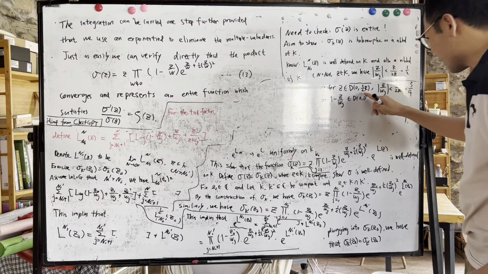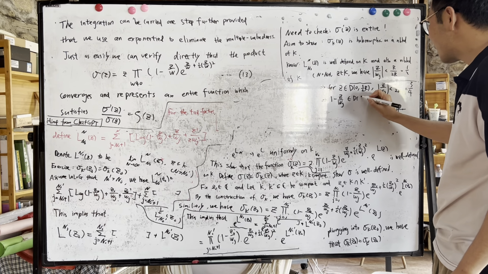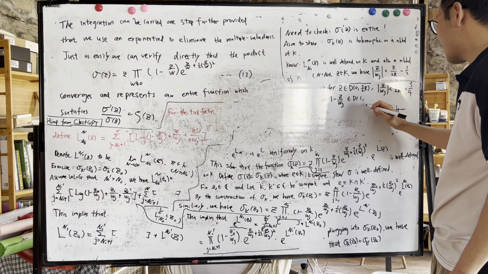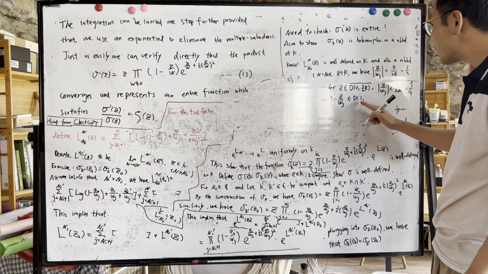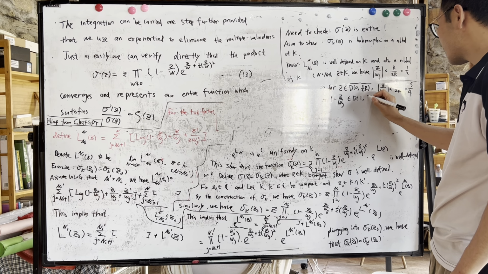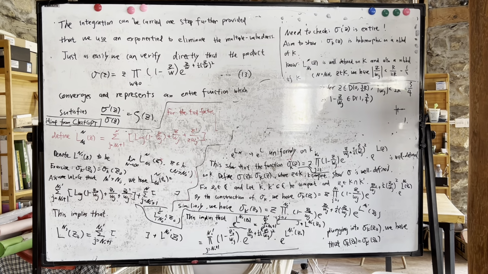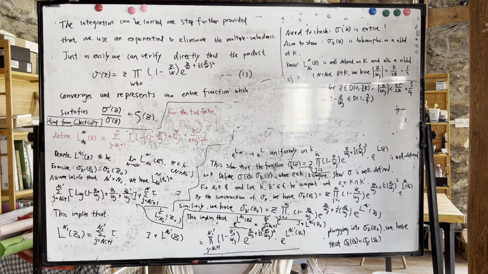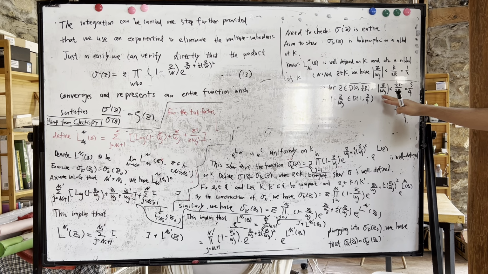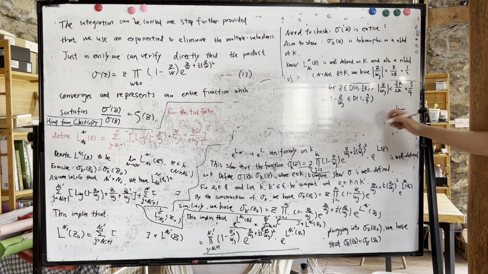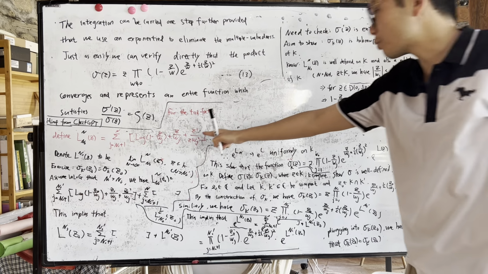We do have the strict inequality because the modulus of omega j is strictly bigger than 2r. So this log function is well defined.